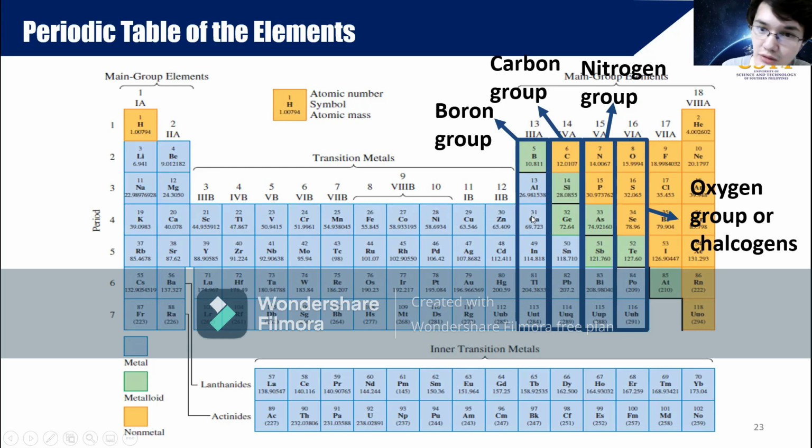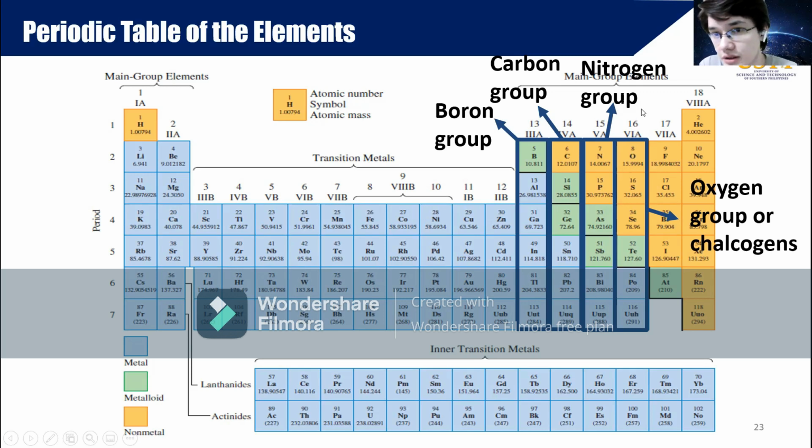Other than that, aluminum and the rest are metals. Next, the carbon group gives out 4 electrons for bonding. And we have the nitrogen group, which gives out 5 valence electrons.